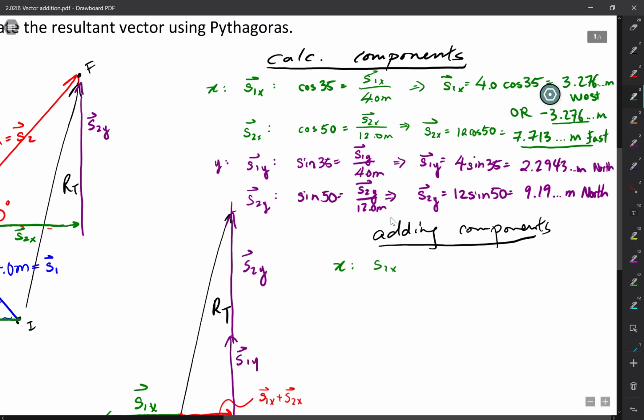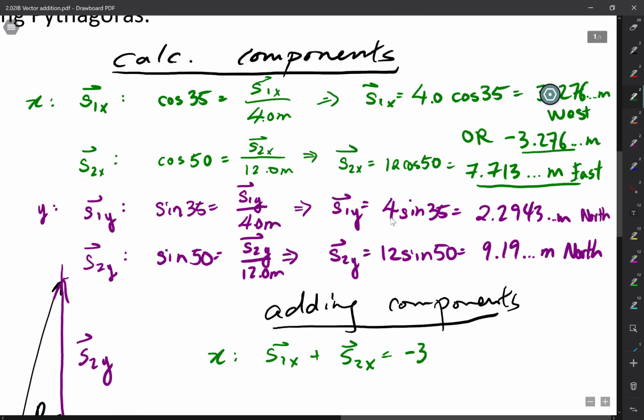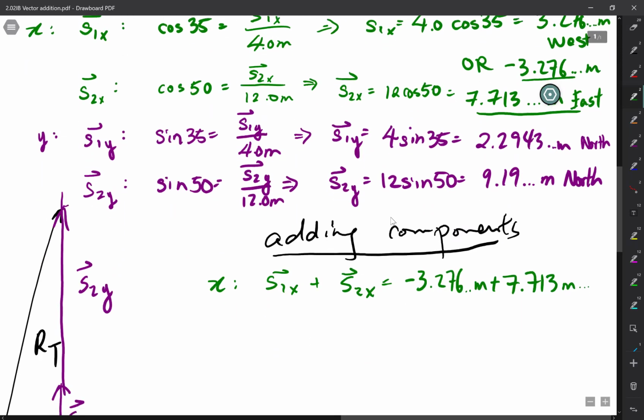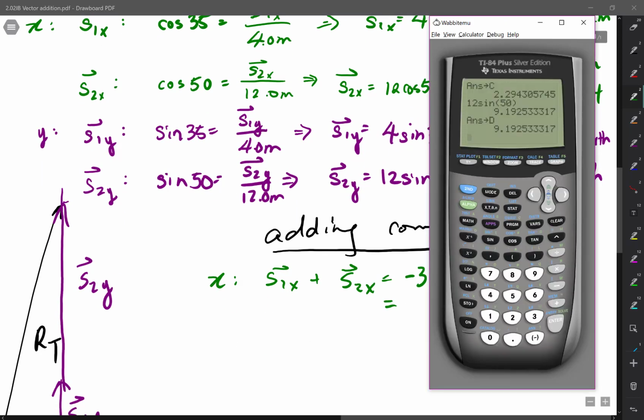S1x plus S2x, and including the negative sign, I have negative 3.276 dot dot dot, and I'm going to add 7.713 meters dot dot dot. After I add the two, I believe these were A and B on my graphing calculator.